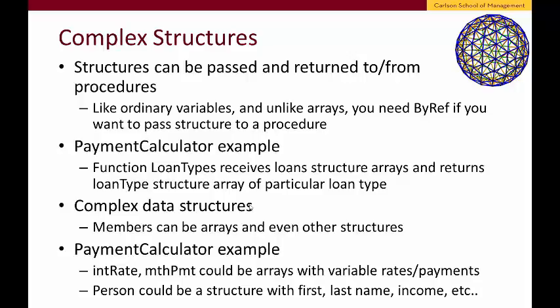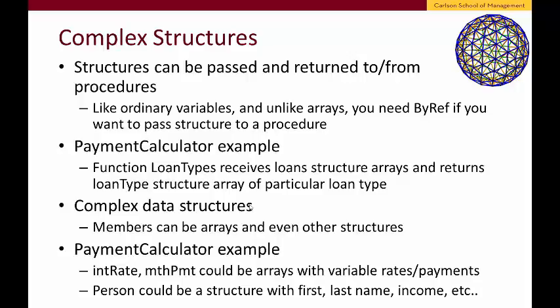Instead of just a borrower's name, our loan structure could include as its member a borrower of a more complex data type called borrower, with first and last name, income, marital status, whatever else. Okay, which of course would be a data structure called borrower that's within our loan data structure. So in other words, a data structure within a data structure, right? So that makes it a little bit more complex.